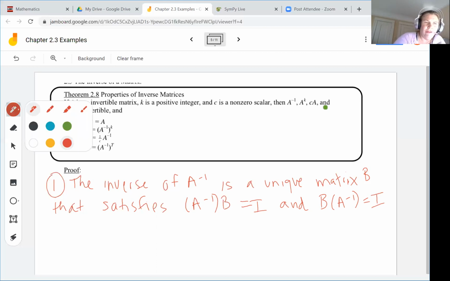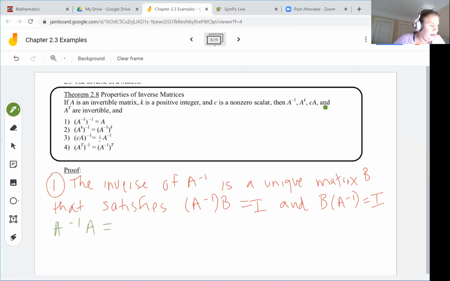All right, well, let's try out A inverse times A here. So A inverse times A equals the identity, and A times A inverse also equals the identity. Well, the inverse of the inverse, B, is a unique matrix.